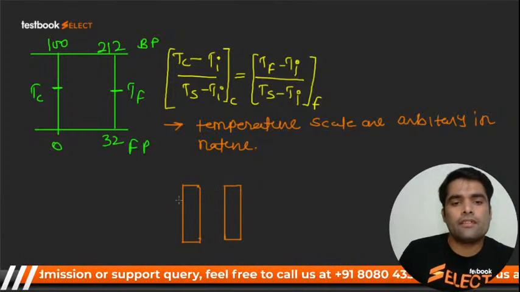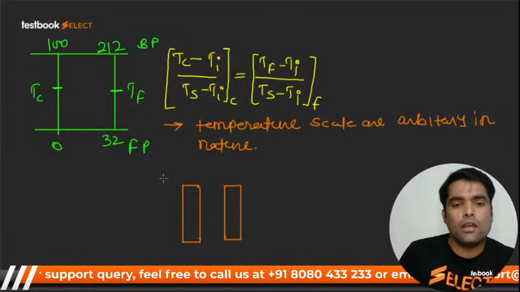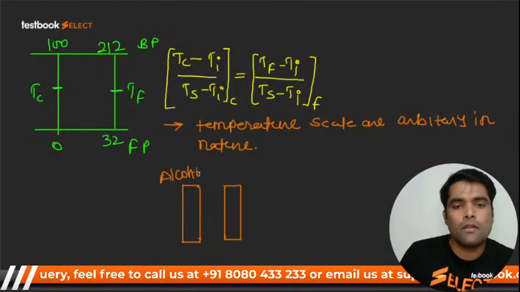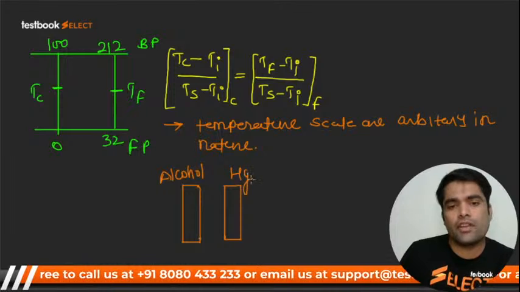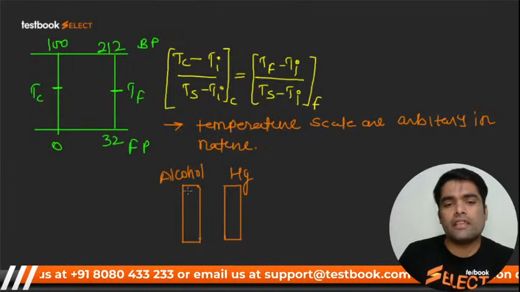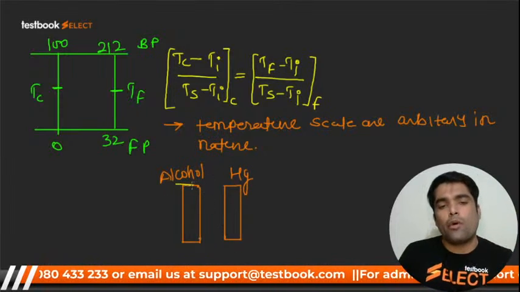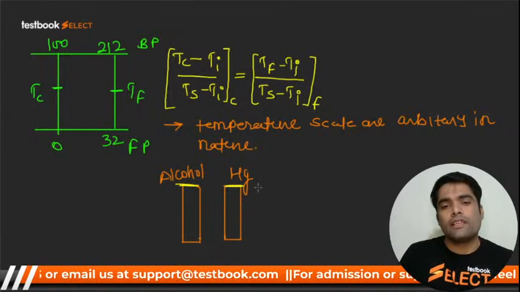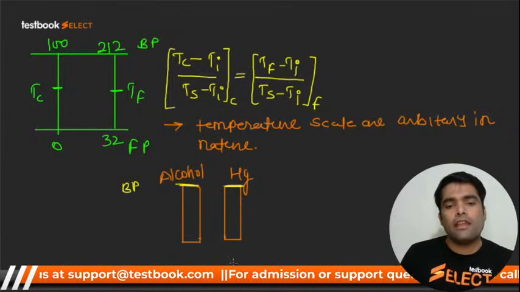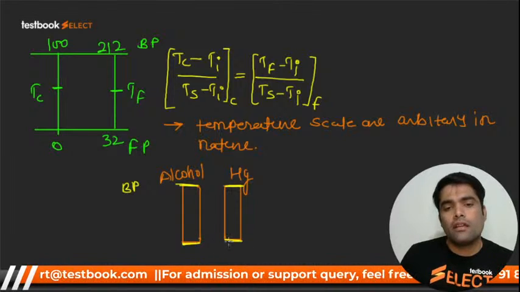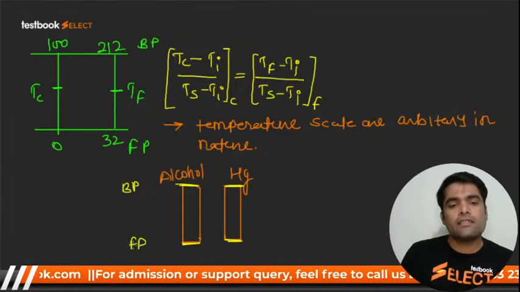Suppose this one has alcohol and this one has Hg, mercury. Suppose these two are calibrated at the boiling point at this point. That is the boiling point. And here both of them have the freezing point, that is the ice point.